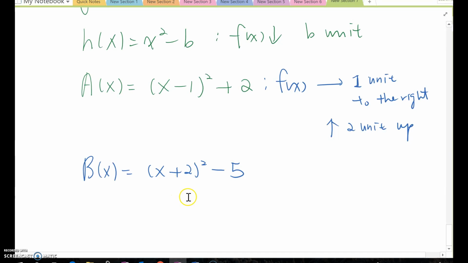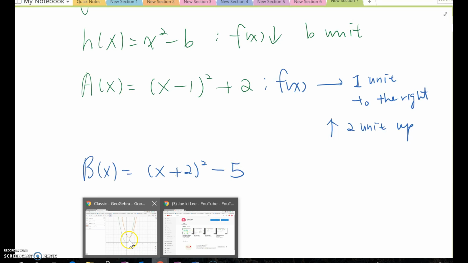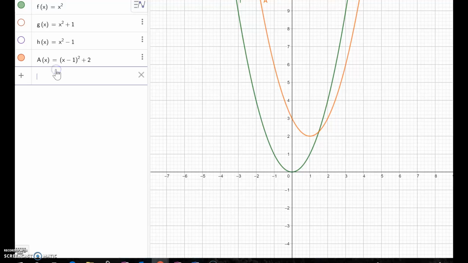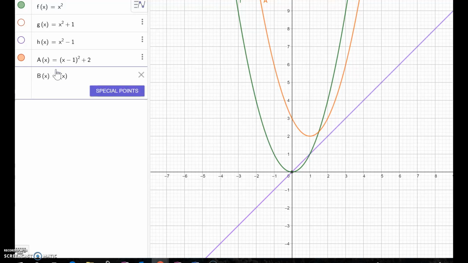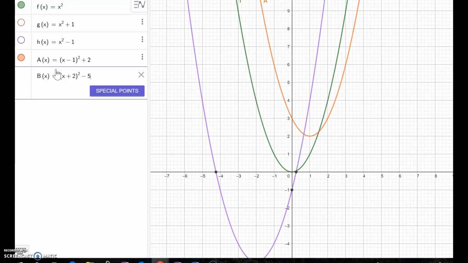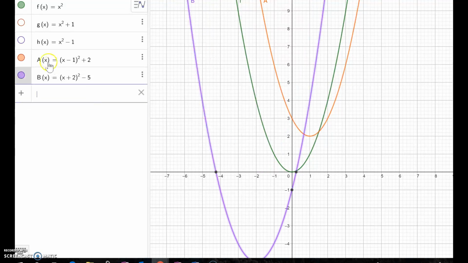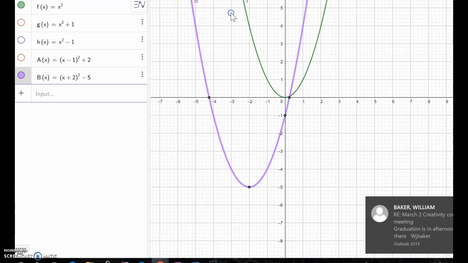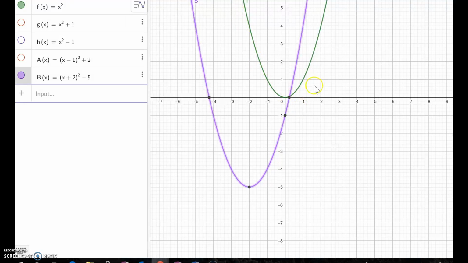So let's try to confirm our answer. So I'm gonna make b(x) equal to (x plus 2) squared minus 5, right? And then I'm going to turn it on and just compare our original parent function and this b(x) function here. As you see, before it was x squared right here.